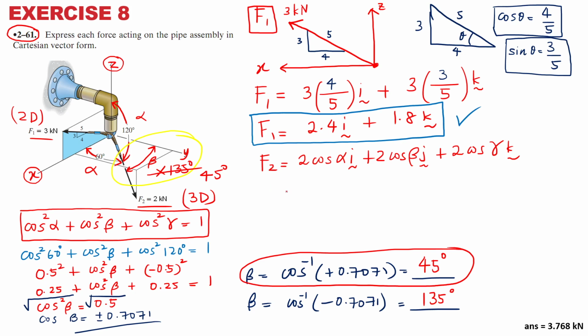So now we plug in. 2 cos 60 I, 2 cos 45 J, 2 cos gamma, which is 120.